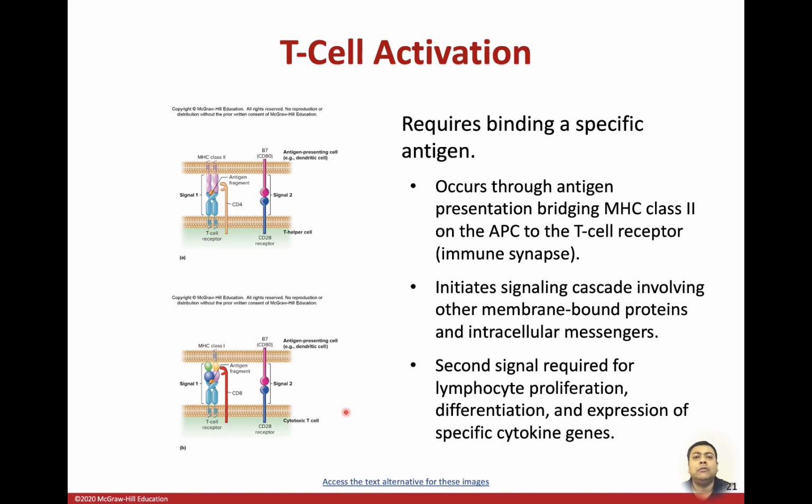So all these three signals are required for these specific ones, and some of these will differentiate these T cells into memory and effector T cells. So the take-home message from here is that once a T cell is presented by an antigen, it will become an active or effector T cell.